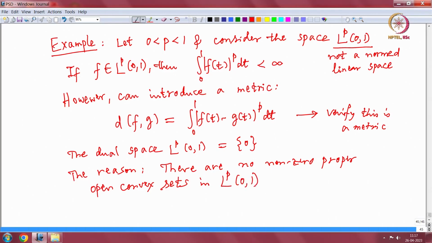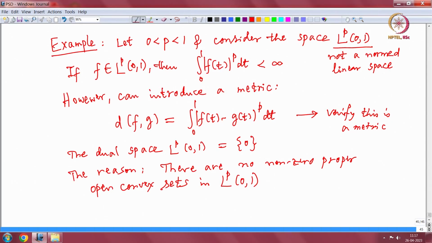So that means if you assume that there is an open convex set, either it has to be 0 or it has to be LP(0,1). Those are the only two open convex sets.